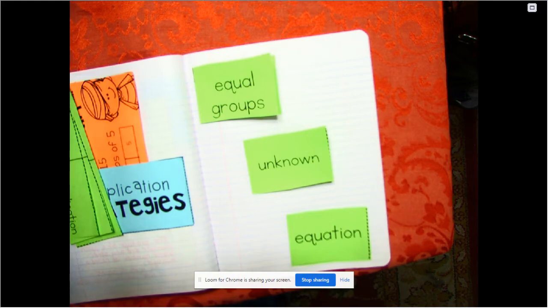Okay, so grab your pencil, and let me get those definitions ready because I have them all written down so we can put them in our book. So equal groups.